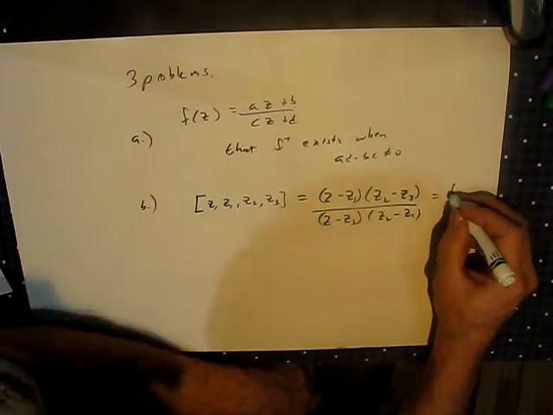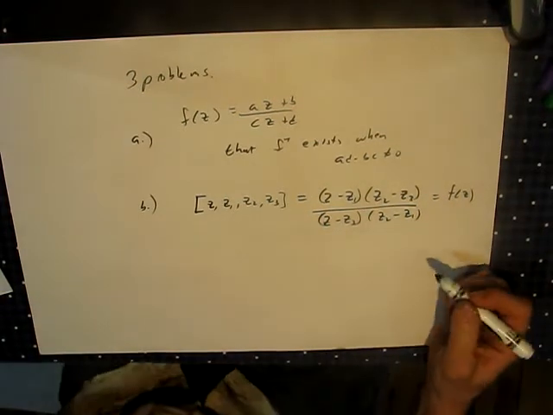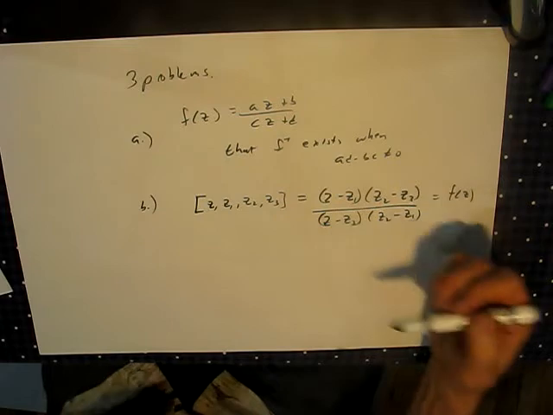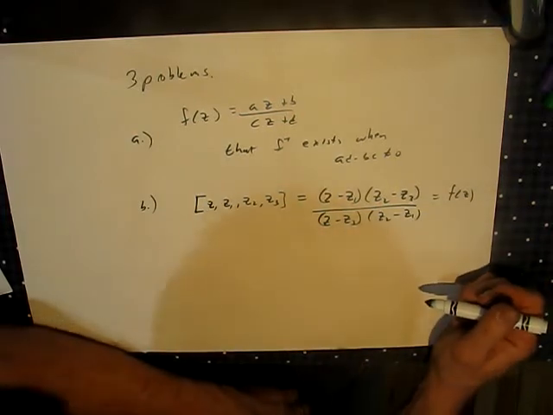And if we call this our function f of z, it's clearly a Möbius function, since this is constant, that's constant, and we have a Möbius function.